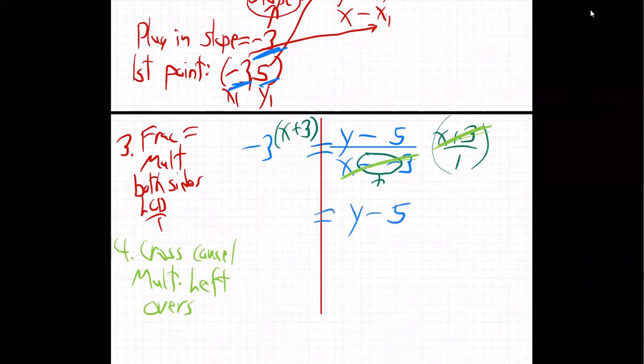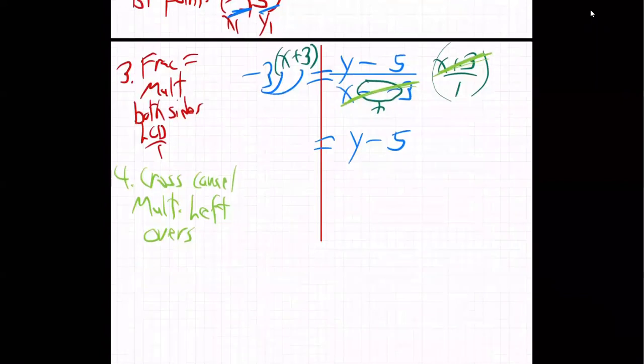Get y minus 5. On the other side, the minus 3 is going to multiply through. Right? Does everybody see what happened there? So we cross cancel on this side, we cross cancel, and on the other side, we multiply.